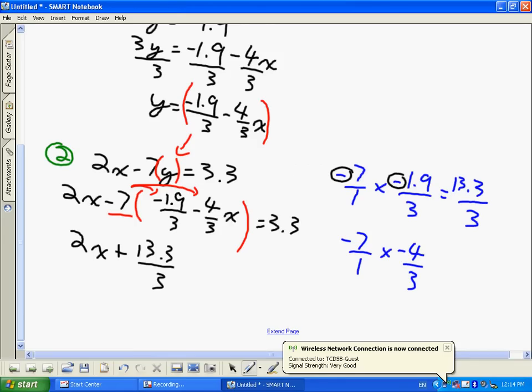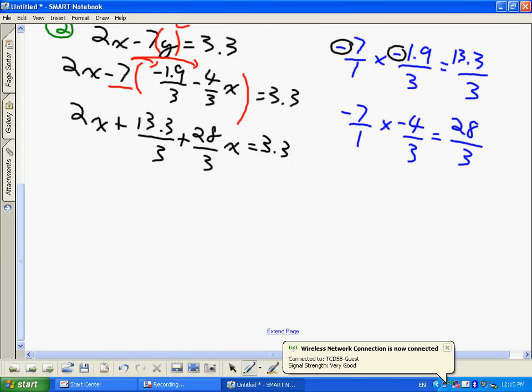Again, we're multiplying two negatives, so we have a positive answer. 3 times 1 is 3. Negative 7 times negative 4 is positive 28. So, I'm going to have plus 28 over 3x is equal to 3.3.